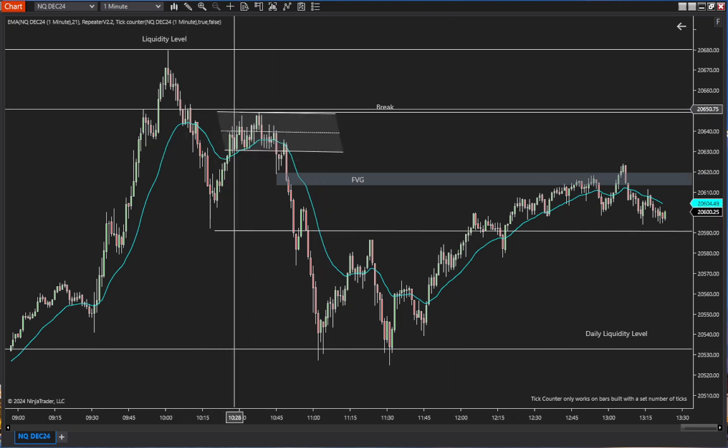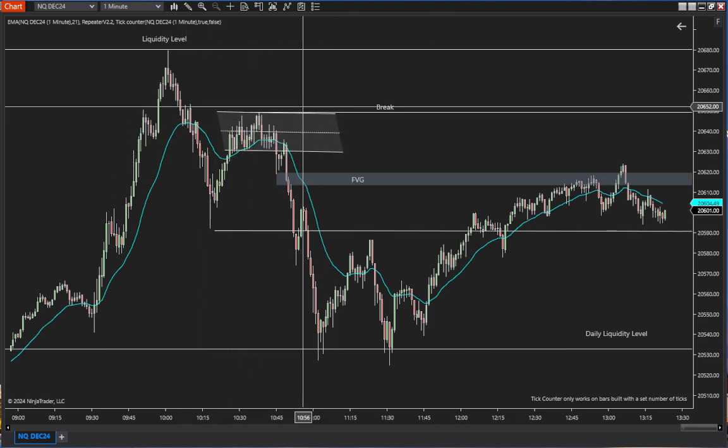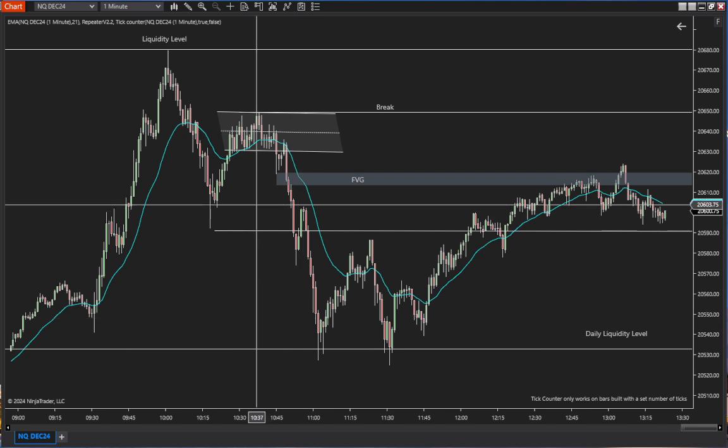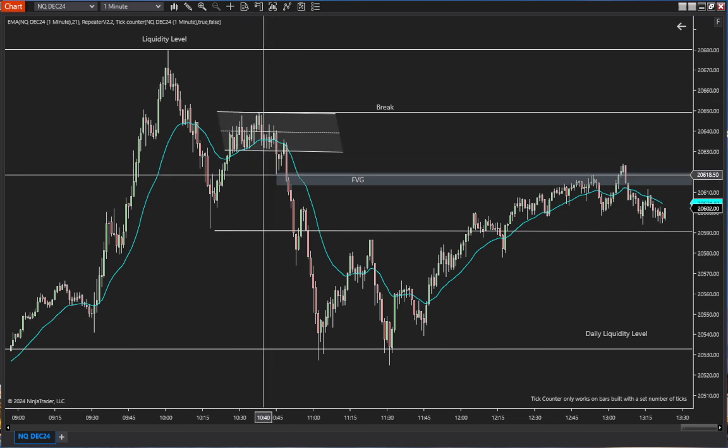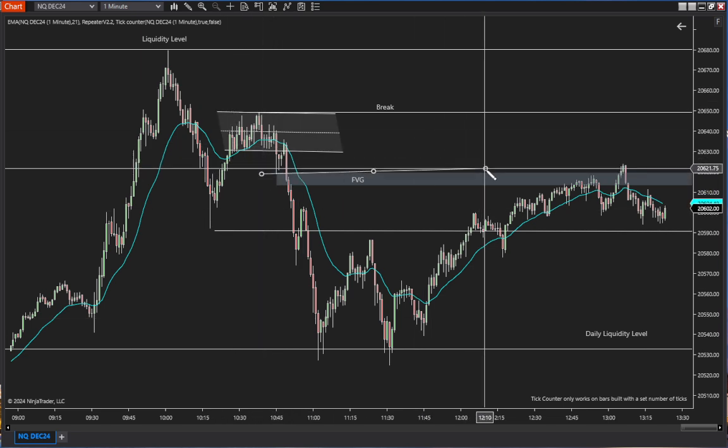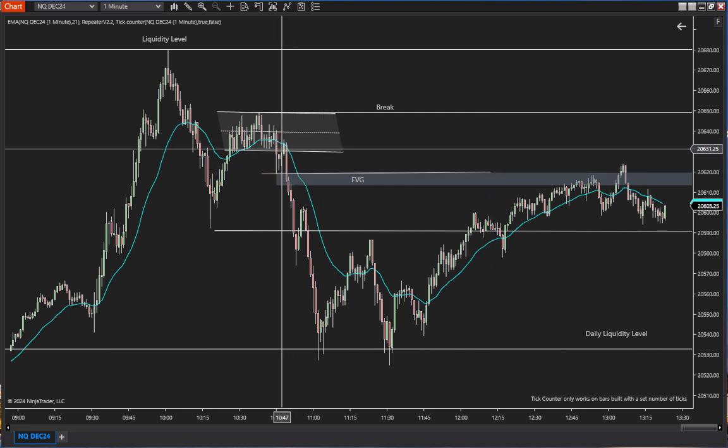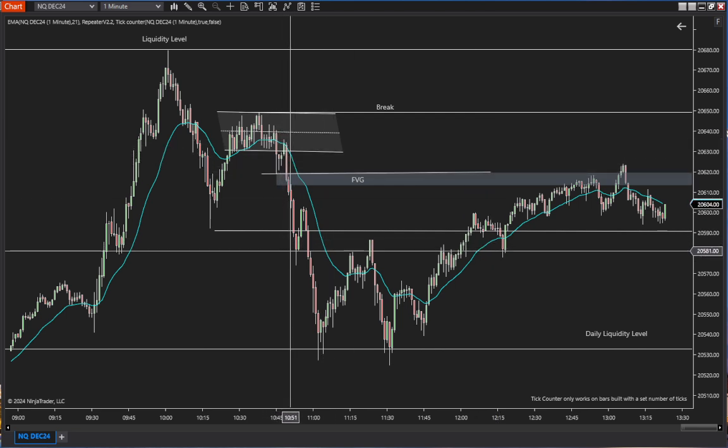See that little zone? We held, and then we broke down, right? Where's the first breakdown? The first breakdown is to this level here. We come up, and then we slam down.